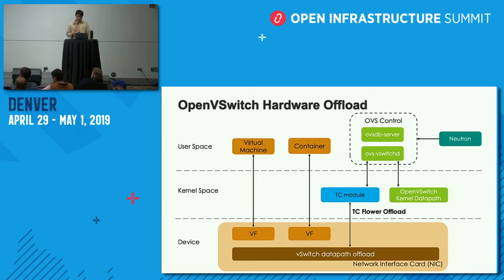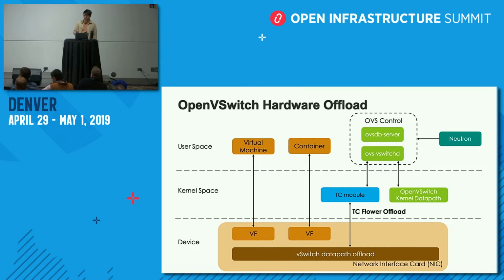Another significant difference is there is a new component in the architecture, the Linux kernel traffic control module. Because OVS vSwitchD is in user space and the data path is in hardware device now, they need something in the middle to communicate with each other. So in short, OpenResearch uses the TC module in kernel to instruct the data path in hardware NIC about how to handle packets.